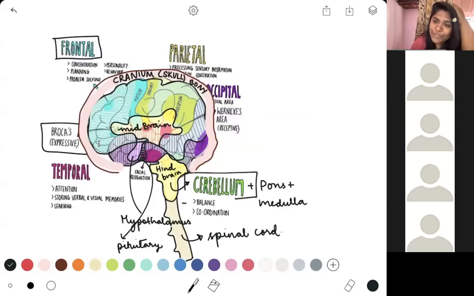The upper portion, which is large, is called your cerebrum. The one which is here at the back is called the cerebellum. Cerebellum along with your pons, which is a small part of your brain, and the medulla, which is also a part of your brain. These three sections together are called your hindbrain.